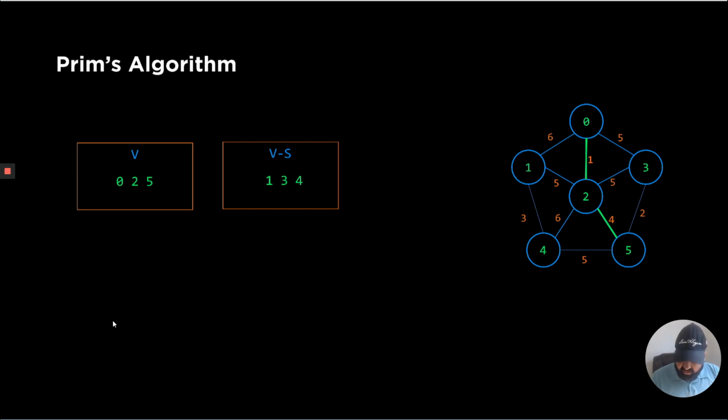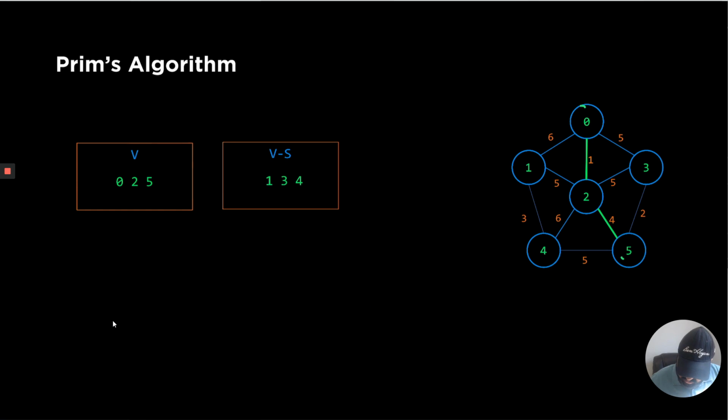Okay, so we now have 0, 2, and 5 as part of the entire MST, or the final output.